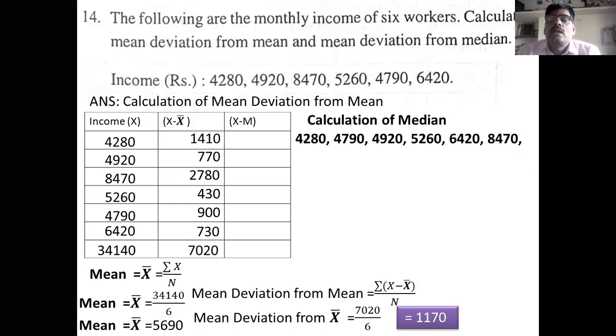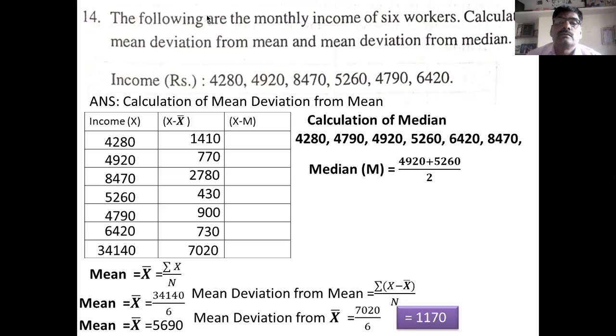If there are odd values, what to do? Take the (n plus 1) divided by 2th item. But if there are even values, you take the total of the middle 2 and divide by 2. That is called the median.